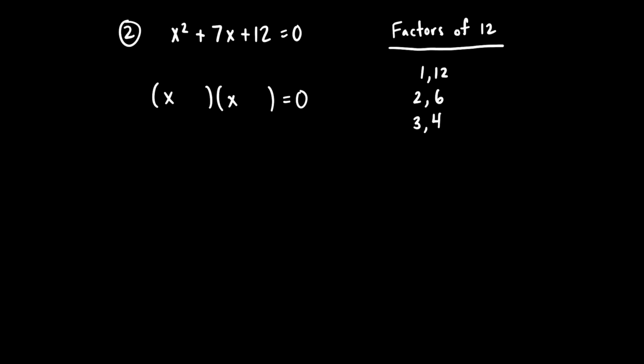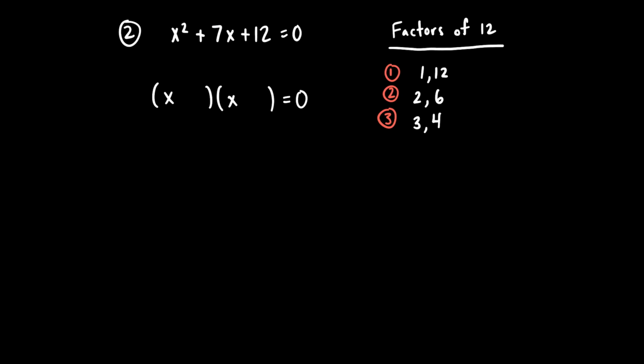What we're looking for is a pair of factors that multiplies to 12. These are our options, and I'll number them: first option, second option, third option. Which one of these pairs adds to 7?